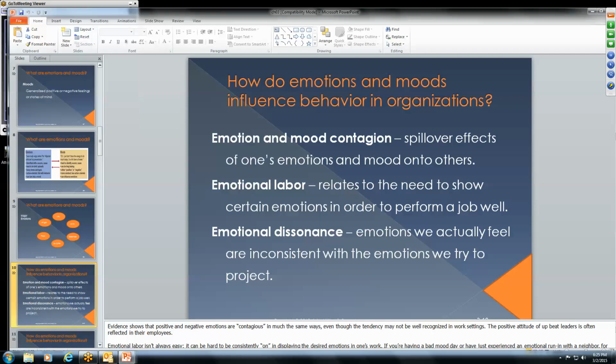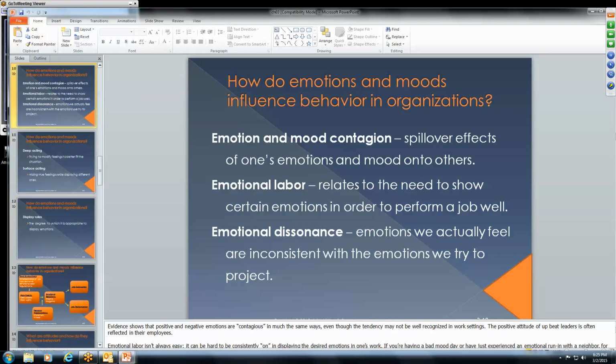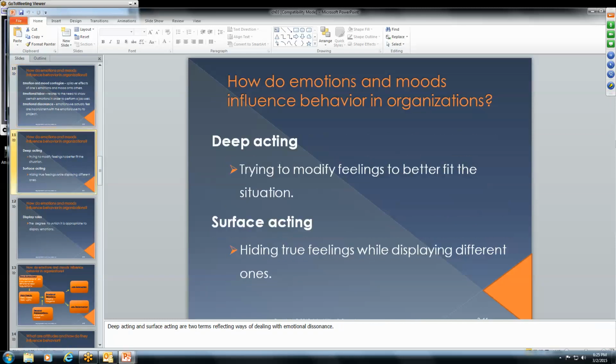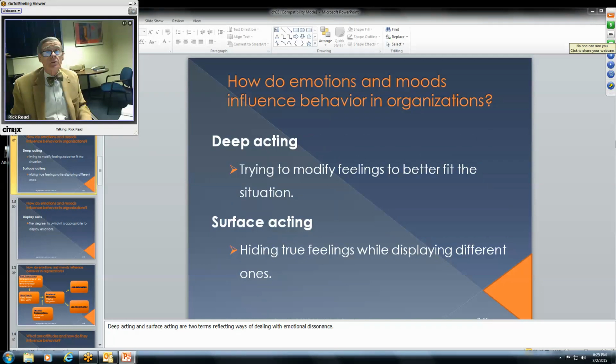Deep acting and surface acting. Trying to mollify, trying to modify, trying to ameliorate what we feel to make the situation and what we feel fit together. That's deep acting. Surface acting, notice here, is where hiding how we feel, but we're displaying something different.